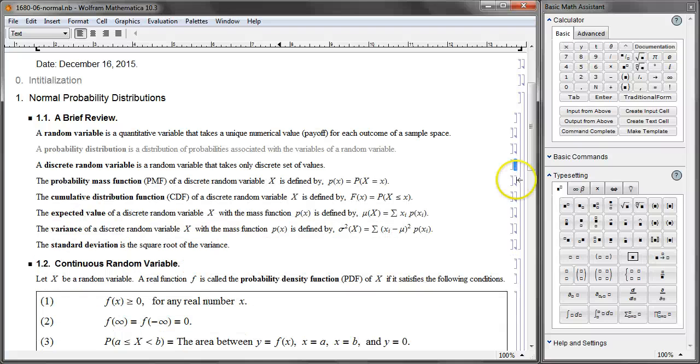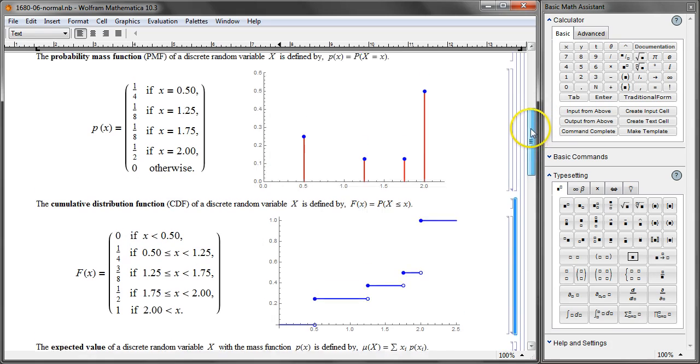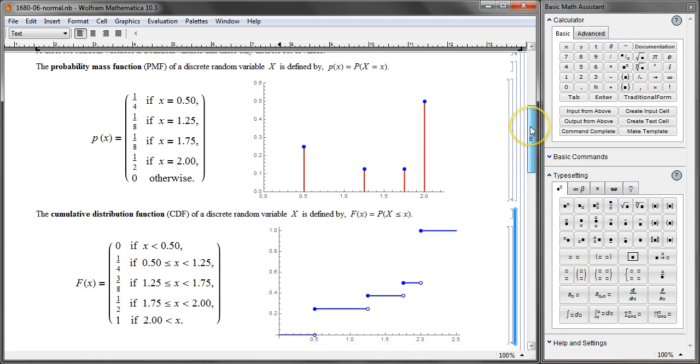And then we talk about PMF and CDF. It turns out, by the way, you don't really need both of them to have full knowledge of the probability distribution, to tell the truth. Because if you know the PMF, you can find the CDF, and vice versa. If you know the CDF, then you can find the PMF.